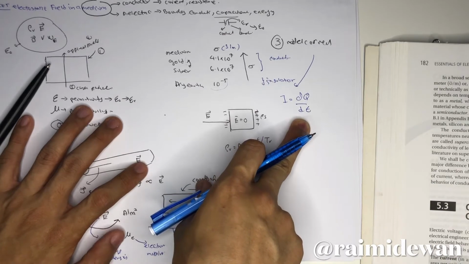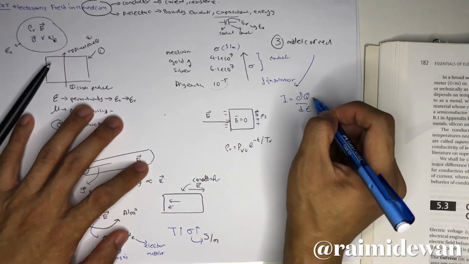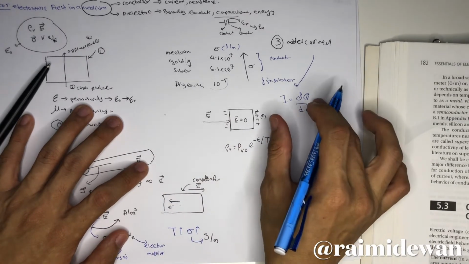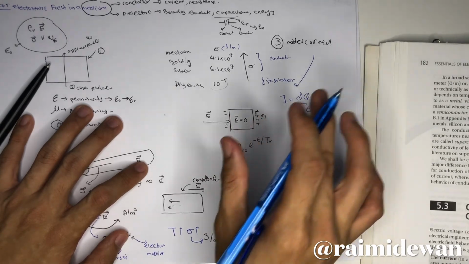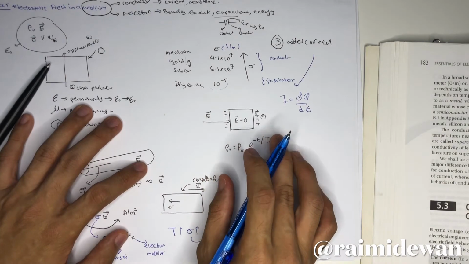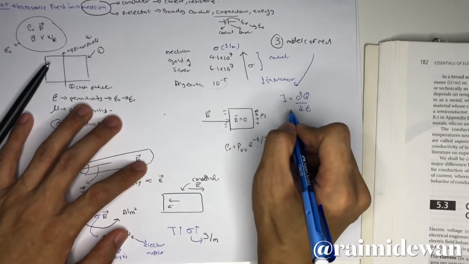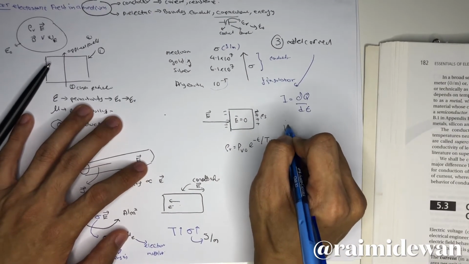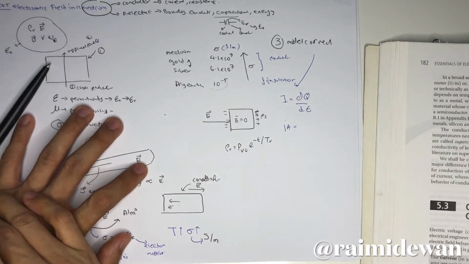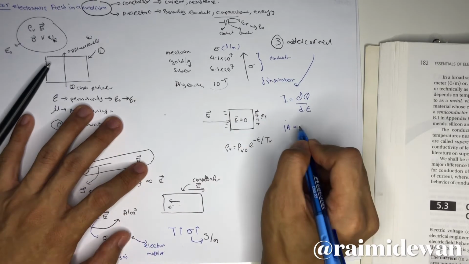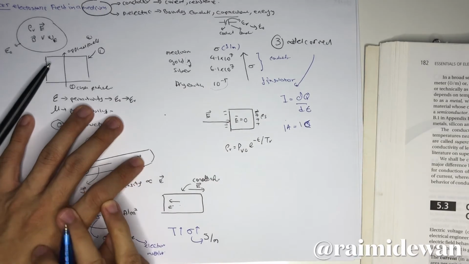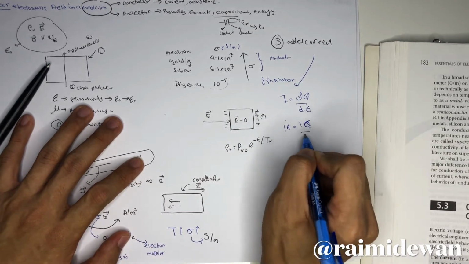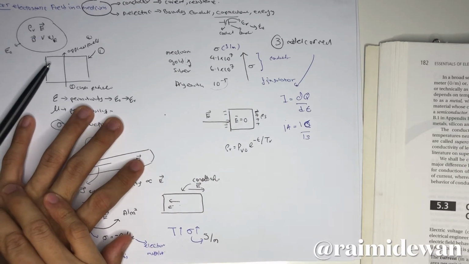So I is actually the electric charge passing through an area per unit time. Thus, in a current of 1 ampere, for example, charge is being transferred at a rate of 1 coulomb in 1 second.